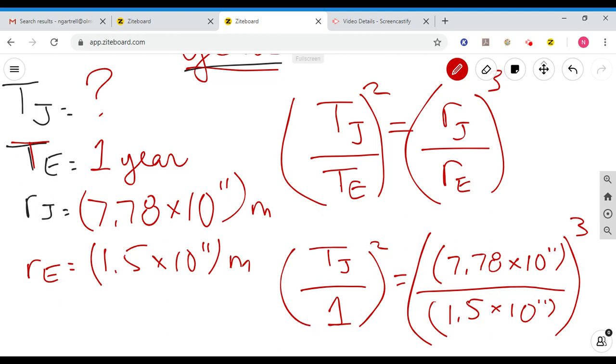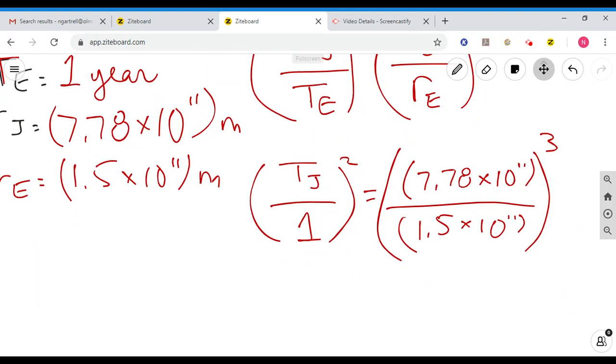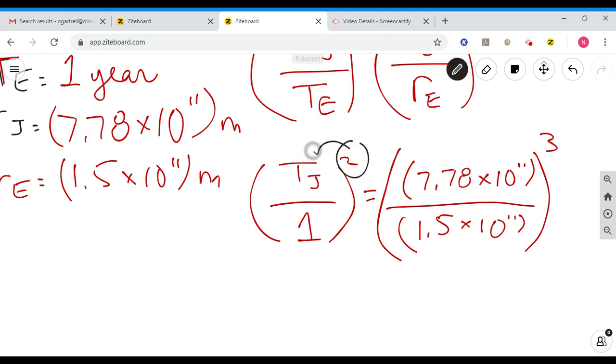Now, here's where this problem becomes actually kind of easier. In the previous problem, the Earth value was 365, and this Earth value is 1. So we learned that we have to distribute the square. So I'm going to distribute the square here and here.